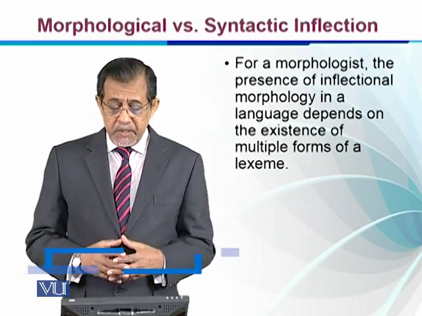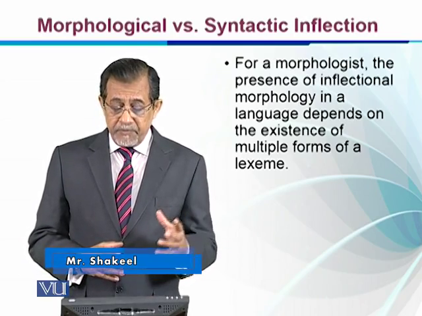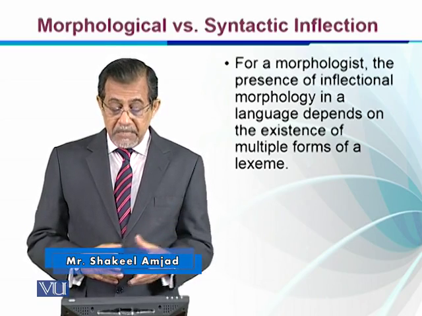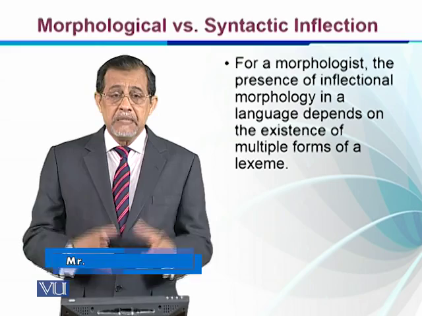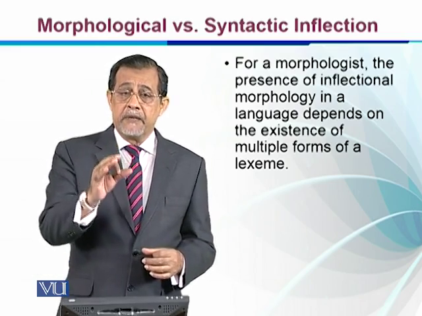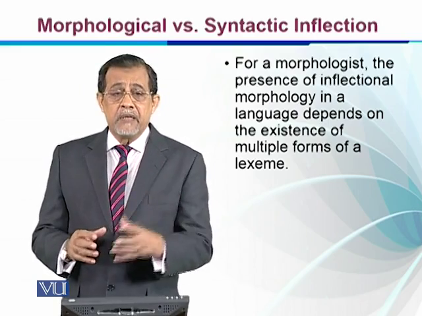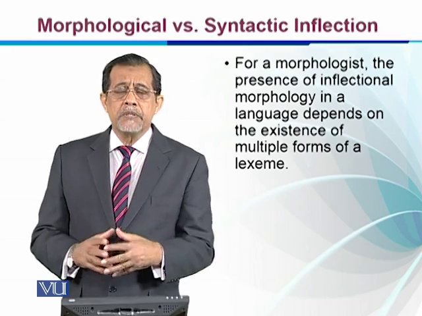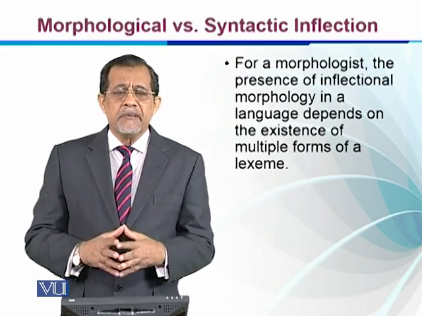For a morphologist, the presence of inflectional morphology in a language depends on the existence of multiple forms of a lexeme. So, a morphologist admits an inflection when there are different forms of the word. For example, boy, boys, boyish, right?